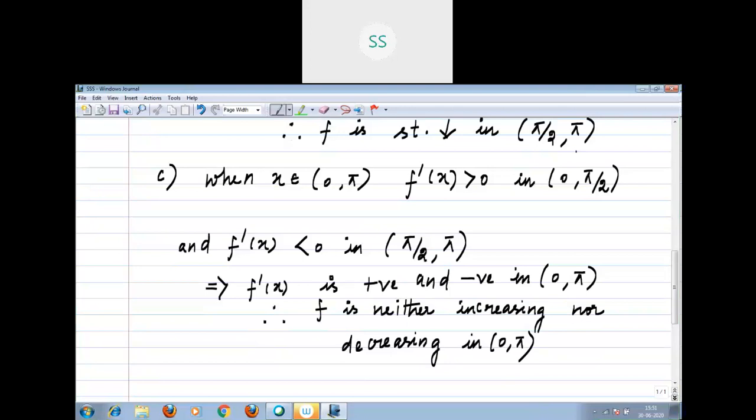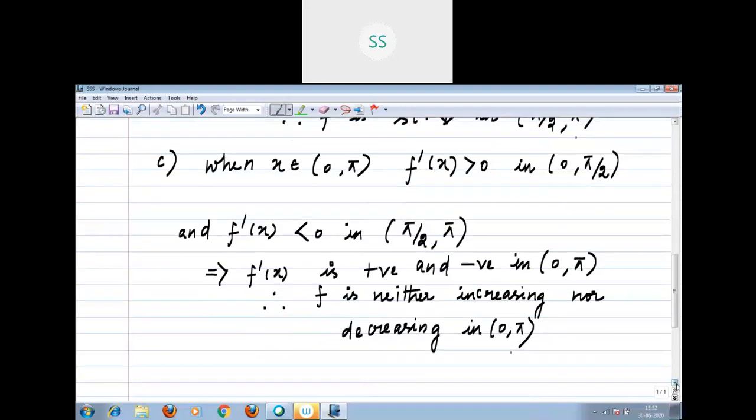So we cannot give an exact conclusion that the function is increasing or decreasing. So we use the words neither increasing nor decreasing. Now shall I pass on to the next question, children? I hope you people understood, right?